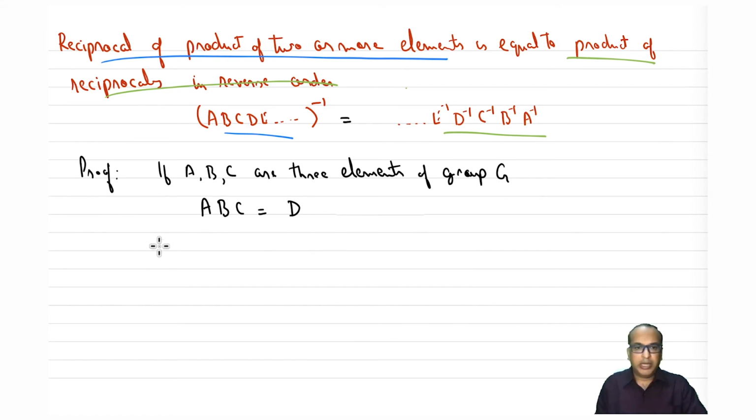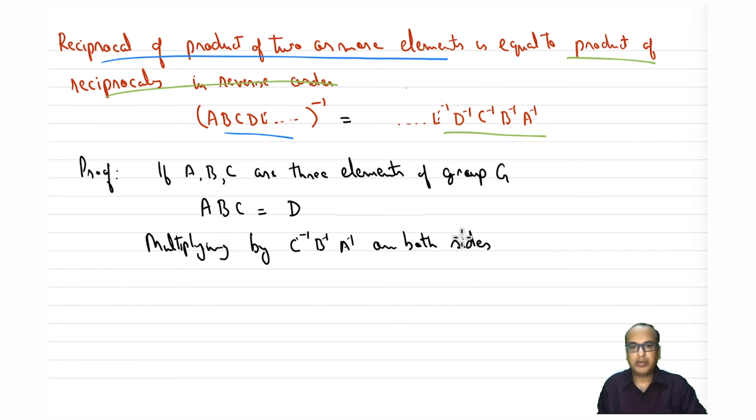So now multiplying by C inverse, B inverse, A inverse on both sides, what do we get?